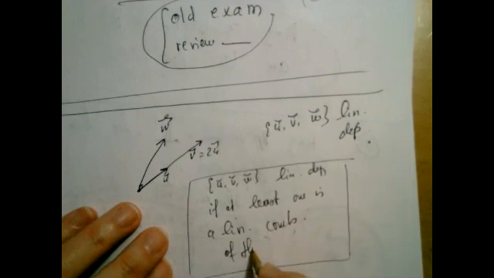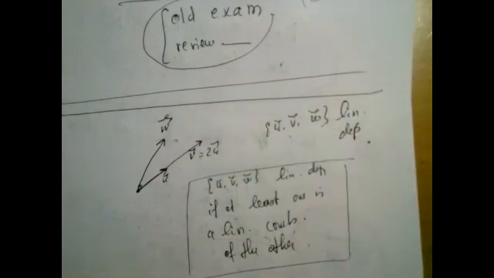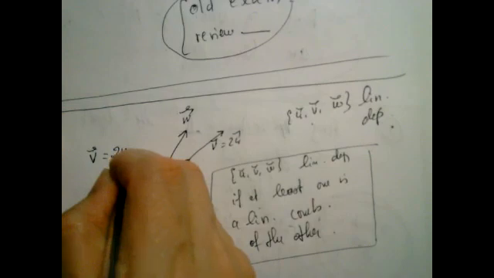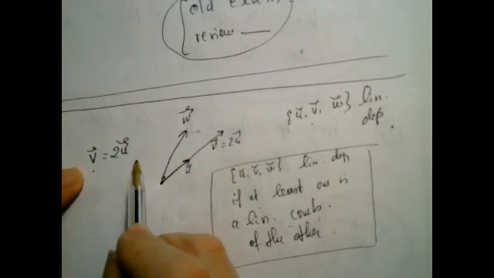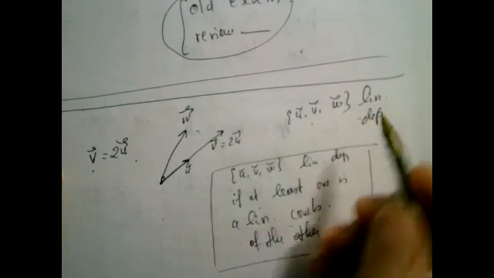So in this scenario, we have V is 2U, which means the vector V is a combination of the vector U. And why are they dependent?